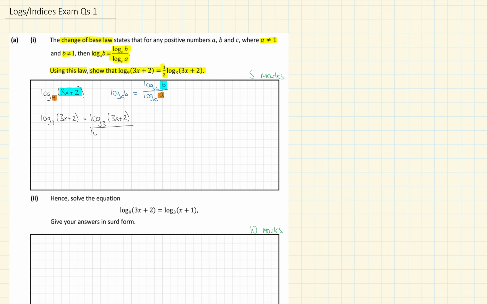All over log of base 3 of 9. So there's my 3x plus 2, there's my 9, and the new part was our common base of 3. Okay, and into your calculator, log of 9 to the base 3 will give you back 2.